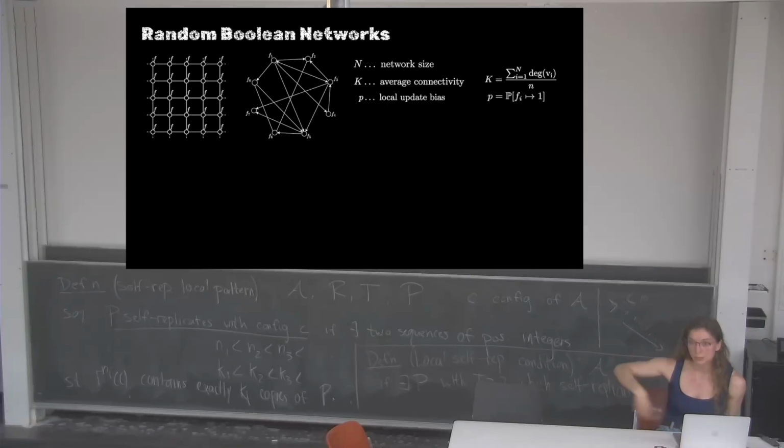So we don't even have uniform updates, because we use different functions for different nodes. But we can sample them all with the same bias, which is just the probability of that Boolean function outputting a 1. So hopefully this is clear.